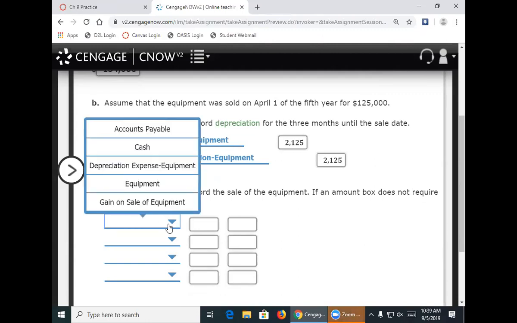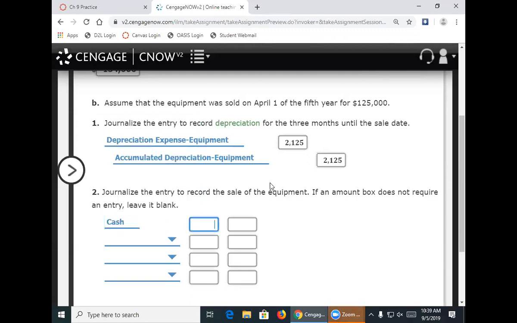So when we sell equipment or any asset, I'm always going to debit cash for the amount they gave me. Because, right, my cash increased by $125,000. They gave me $125,000. Now, I no longer own this equipment. So what I need to do is close out the equipment account and the accumulated depreciation on the equipment.